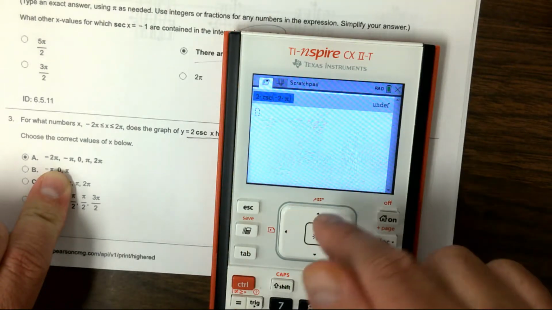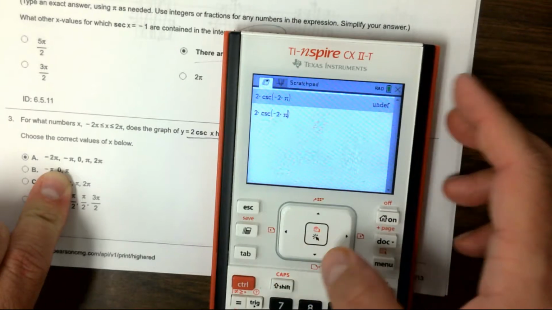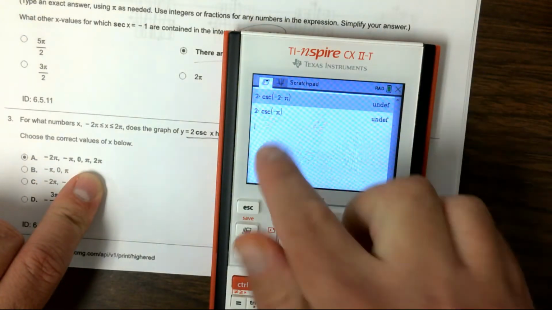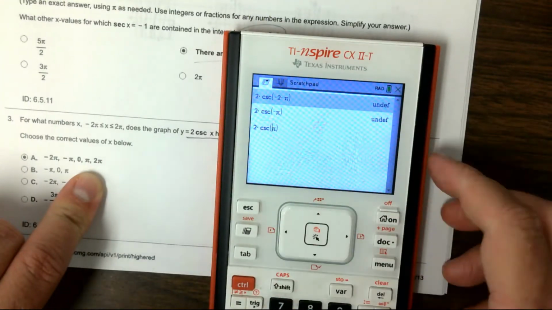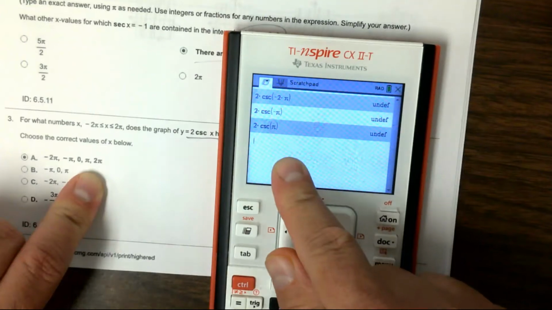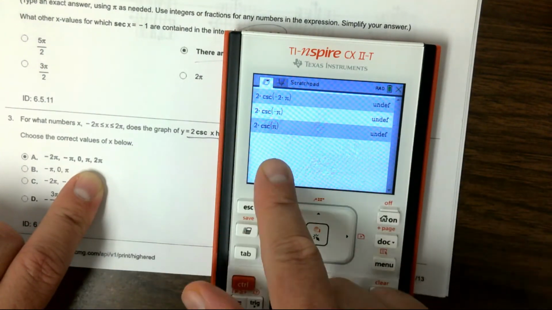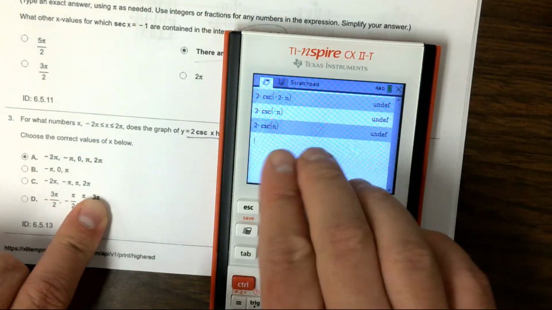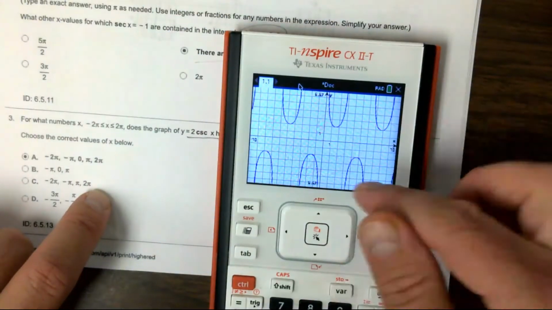If you click up twice, then click enter, you can change this to be positive pi, for example. I put -pi, but you could do it this way as well. So you can always do it that way if you want to. You'd have to check all your values. So to one person, this may be quicker. To another, you might just want to look in your table.